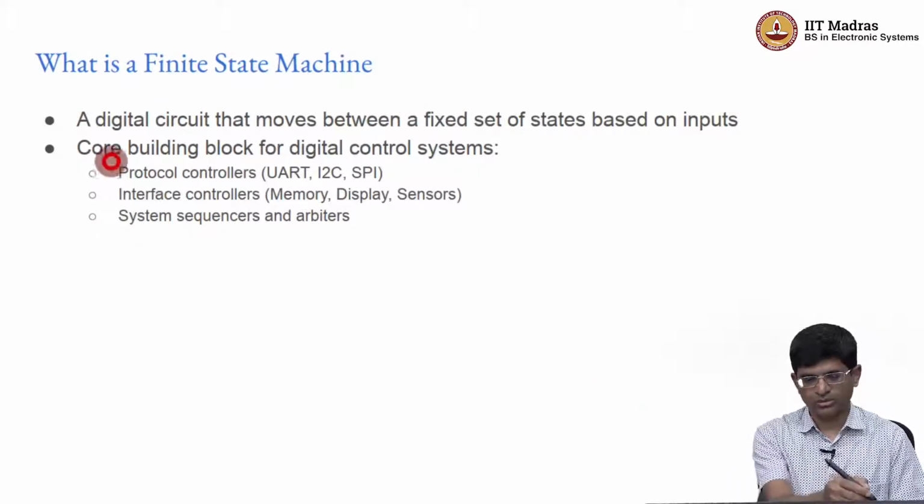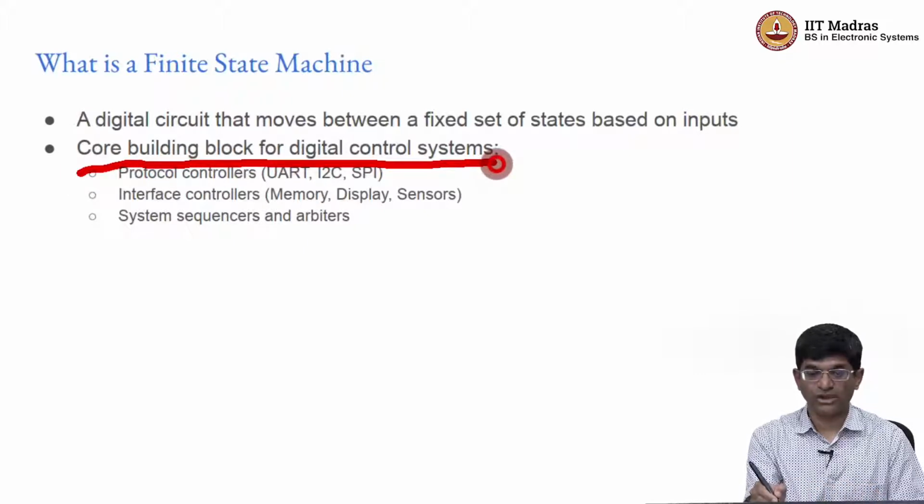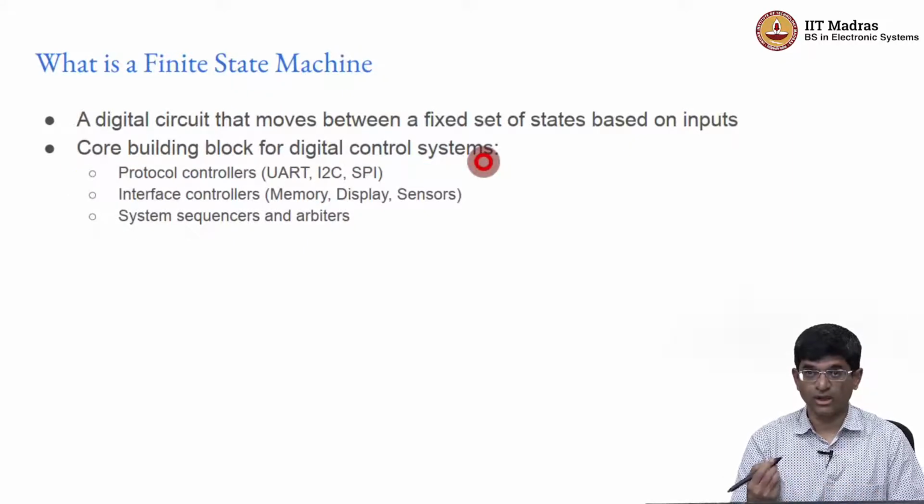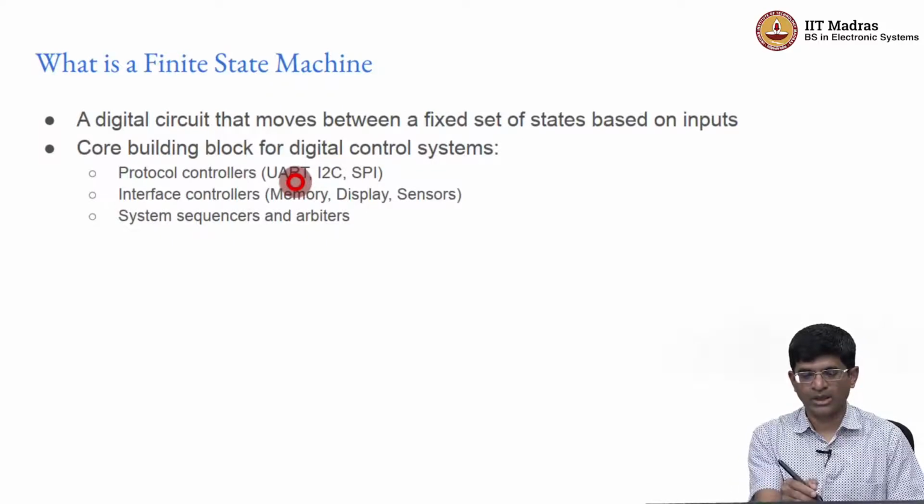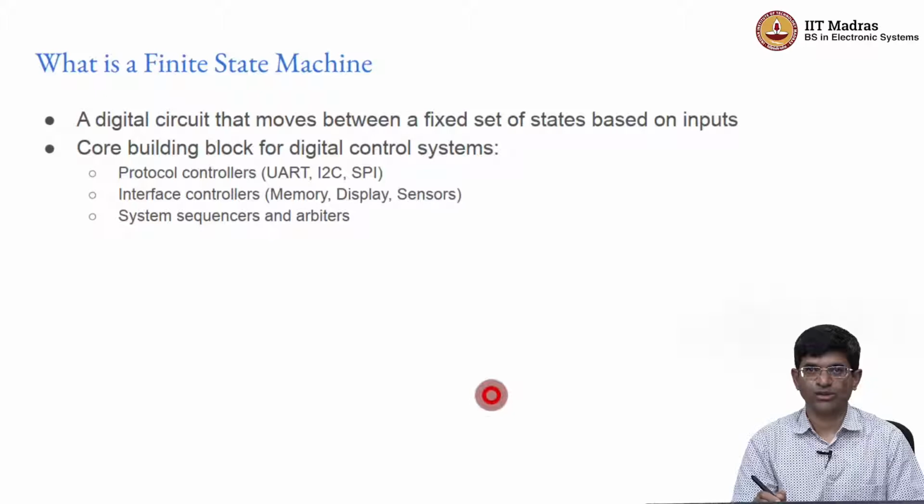Finite state machines make an appearance as core building blocks for a number of digital control systems. For example, the UART, the serial receiver transmitter circuit, and the I2C and SPI communication protocols that you would be familiar with from the course on embedded systems.